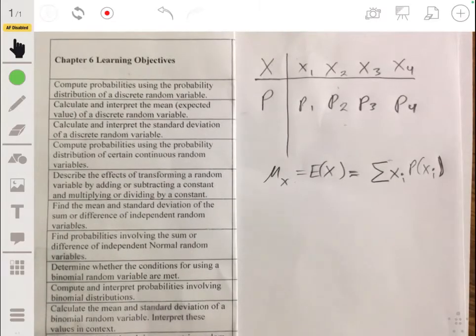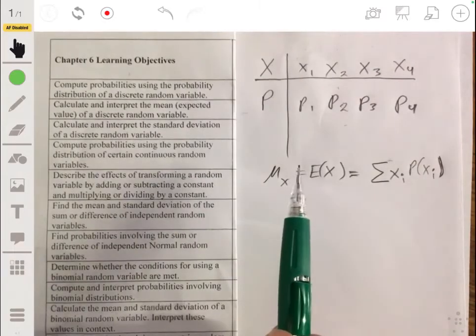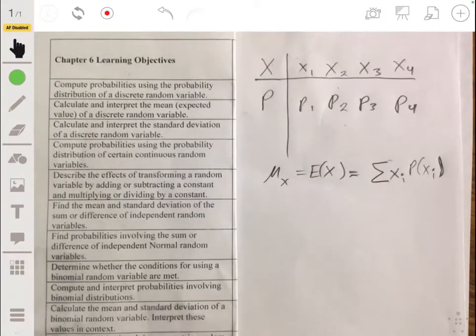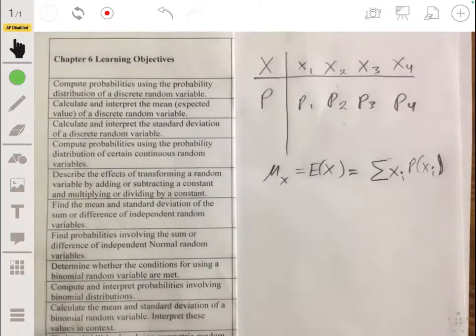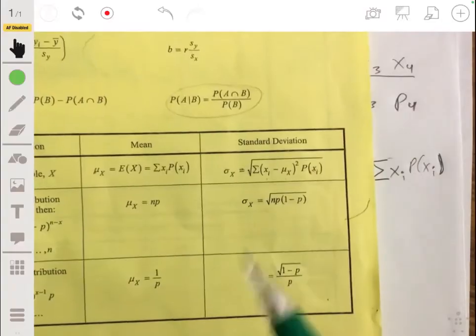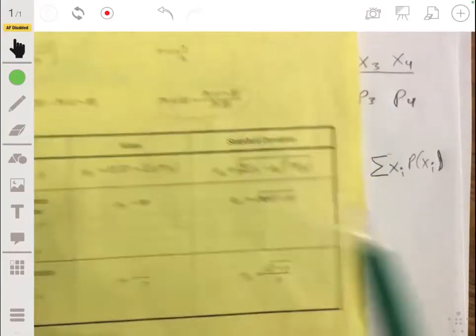When we're interpreting this, we interpret it as we would normally interpret a mean or average when we're talking about normal variables that we're used to in everyday life. Now there's also a standard deviation for a discrete random variable that is also given in your formula sheet right here, sigma sub x.